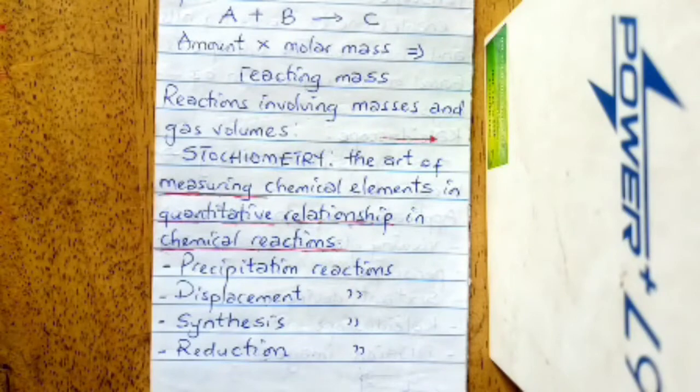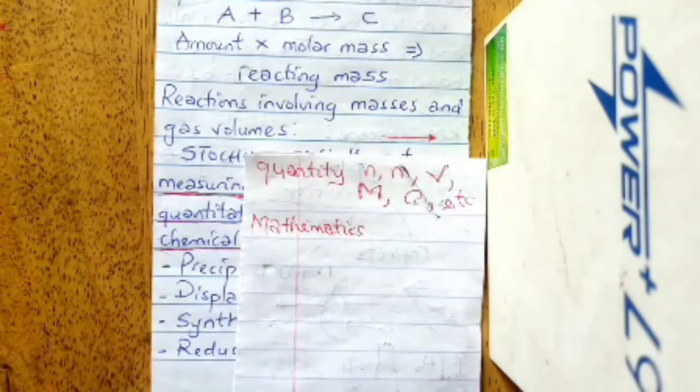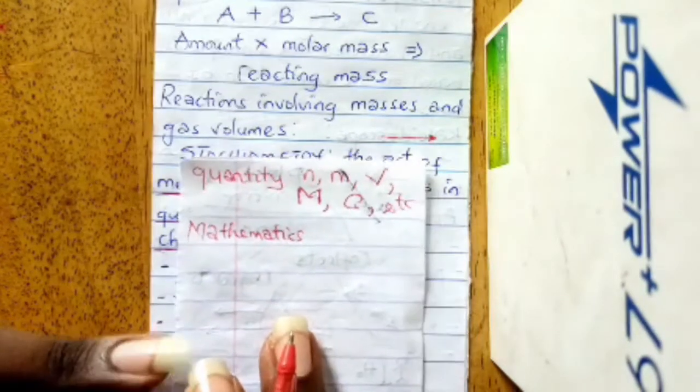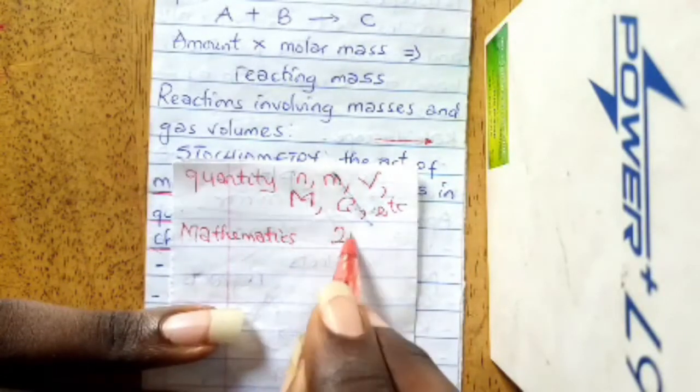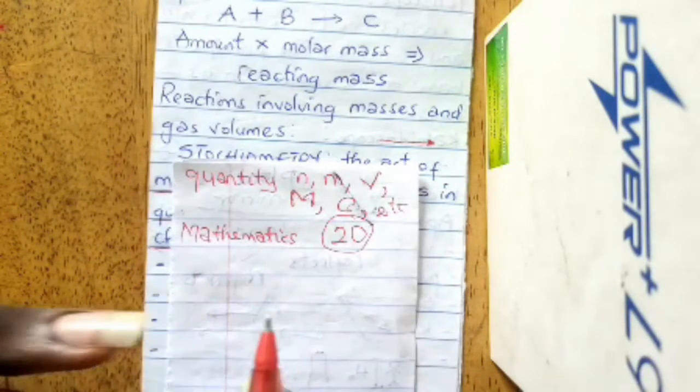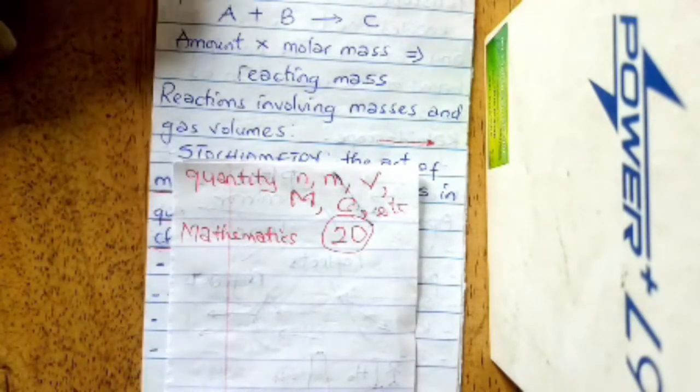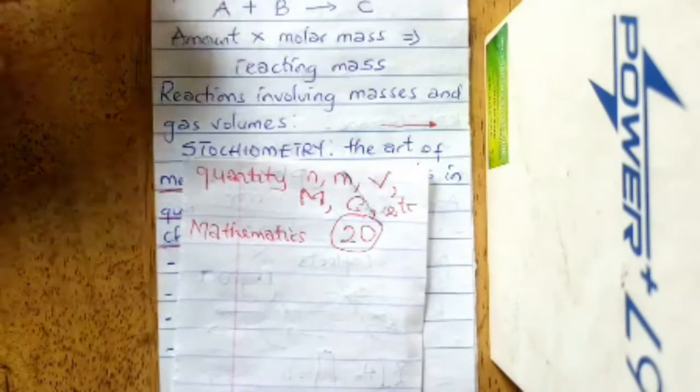Like I said earlier, stoichiometry is like the mathematics of chemistry. So basically, we are going to be solving at most 20 questions on this topic.